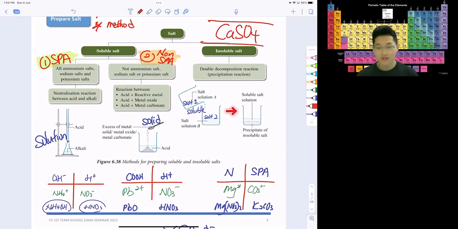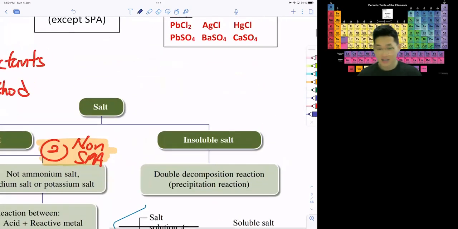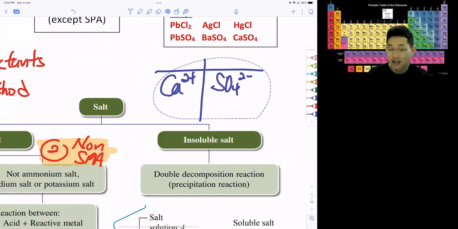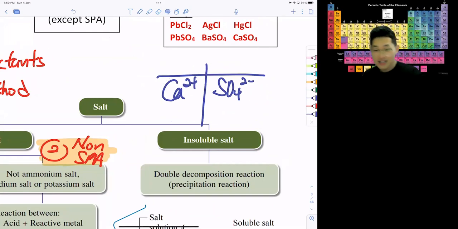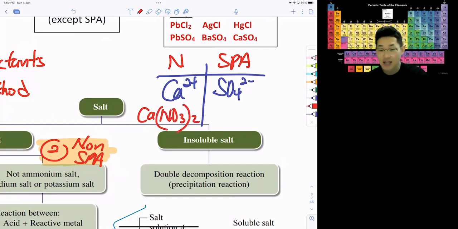Very good, nice one from Simon and Ian. Aisha, very good. Yes, we will be using calcium nitrate and also any potassium sulfate, sodium sulfate also can. All right, just like that.